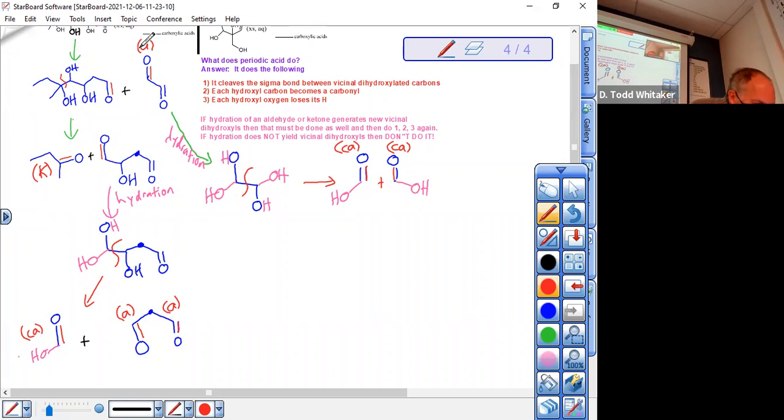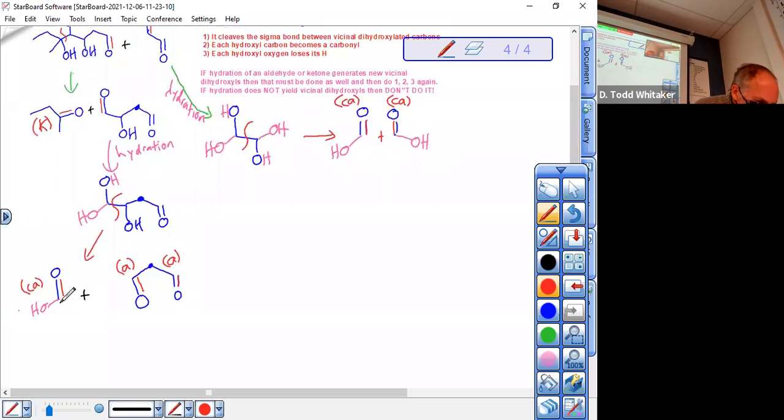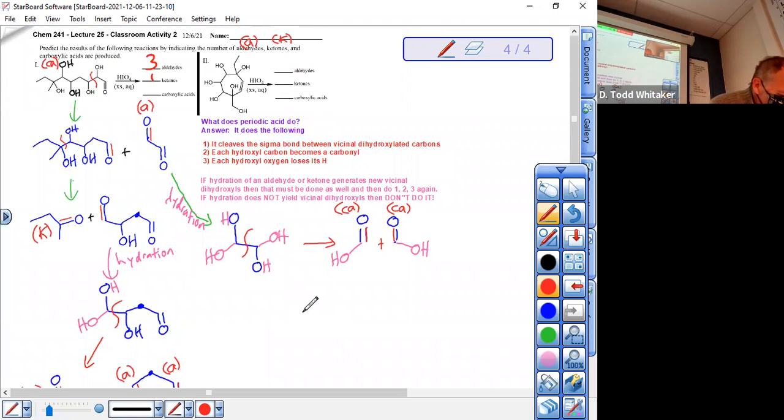Of all these things with labels, 1 aldehyde, 2 aldehyde, 3 aldehydes. So we got 3 aldehydes. Pretty sure only 1 ketone. Here it is. Here's the ketone. How many carboxylic acids when we're done? 1, 2, 3. 1, 2, 3. There's the answer.